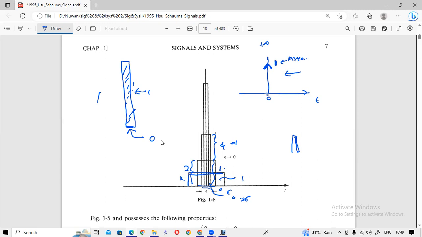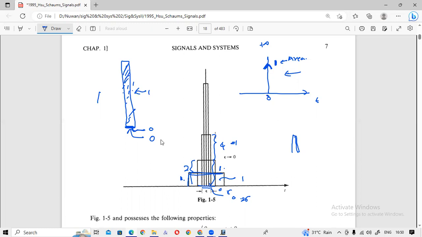Width is 0, but area is 1. This width is 0, but the area is 1. So if the width is 0 and area should be 1, it should go up to infinity. It should be very high value, very big height. So that is why we put the arrow here.